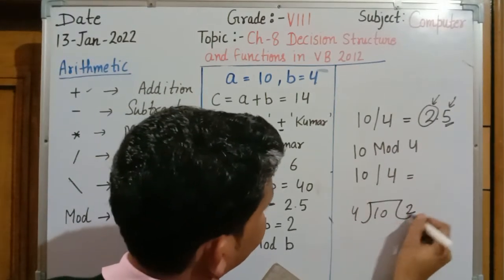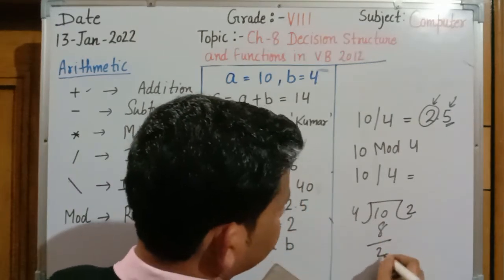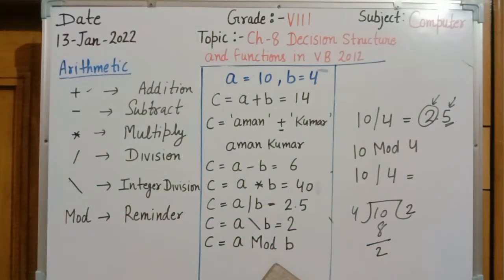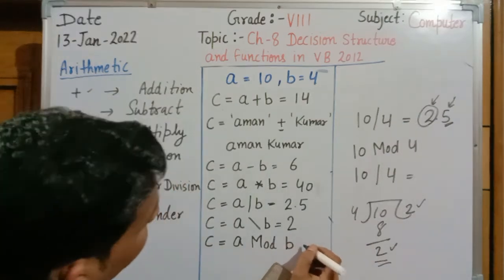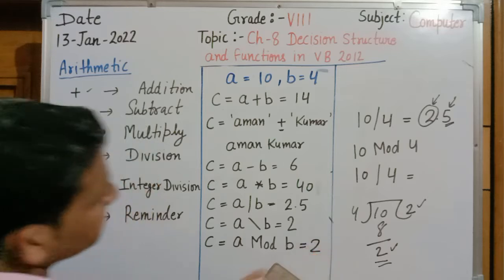After dividing, it goes 2 times and the remainder will be 2. So the result of A mod B will be equal to 2.